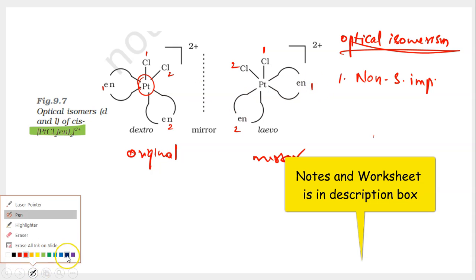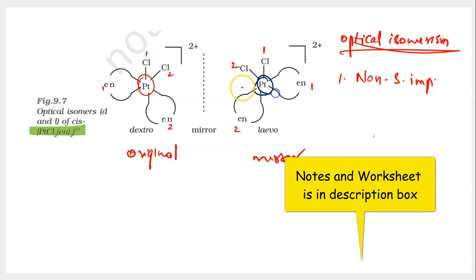And when I'm trying to superimpose the mirror image on the original, what do I see? I'll see platinum in place, but then chlorine 2 comes here. Chlorine 1 is here itself. Then what about en 1? En 1 is here and en 2 is here. When I observe the position of the groups around the central atom in the mirror image and in the original, I don't see them matching each other.